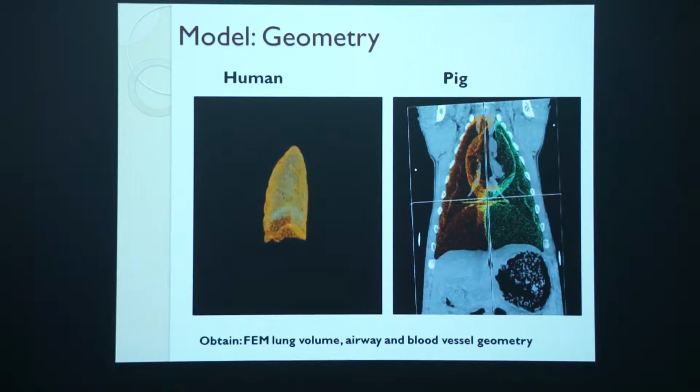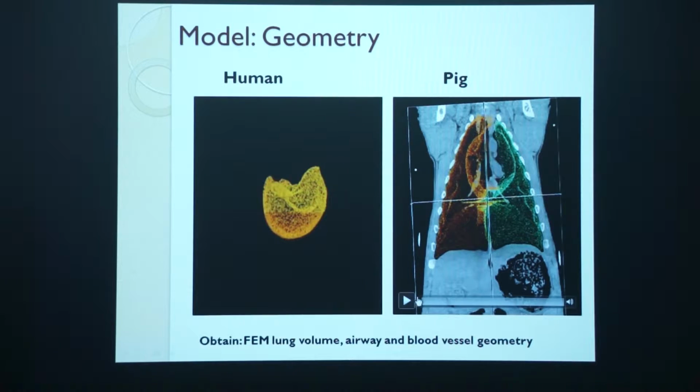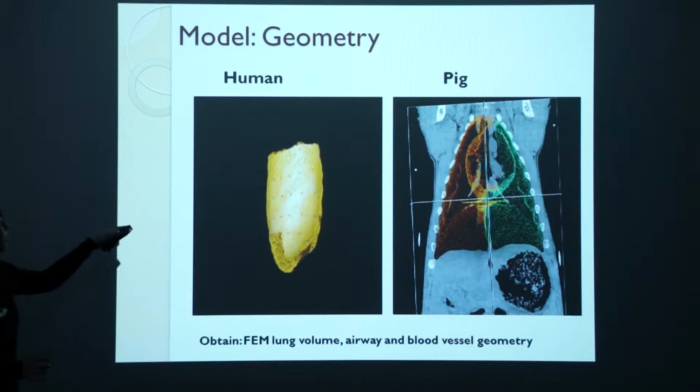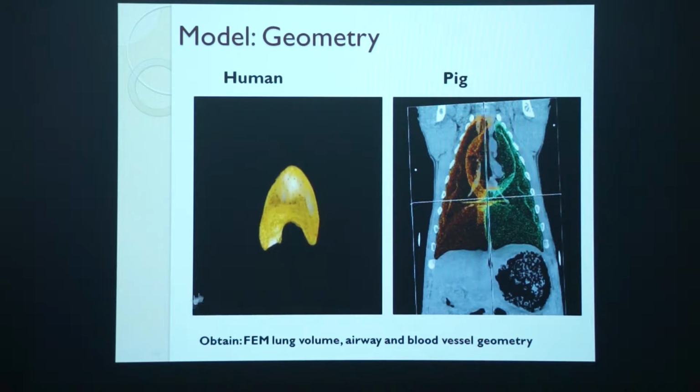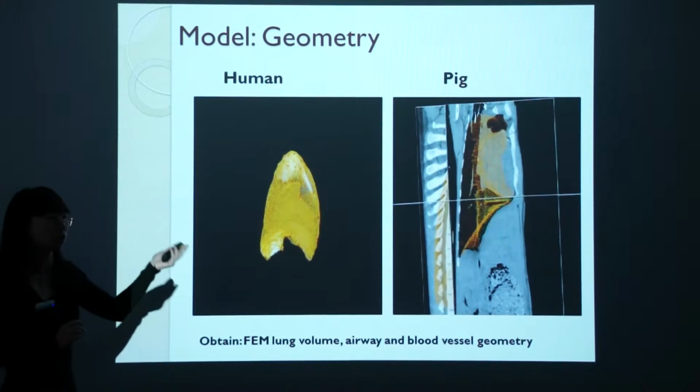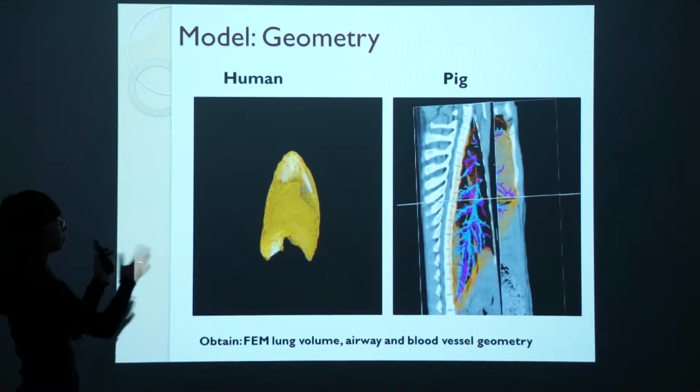And within this lung shape, you have your airways and your arteries and veins, the complex woven structure that we saw before. We also want to capture this. And here is an example in a pig of how we identify this. We start from the CT imaging of a pig, a 3D visualization.